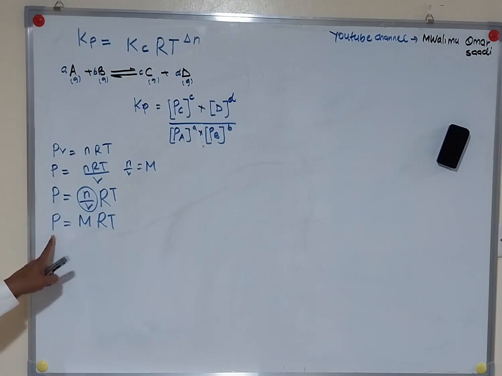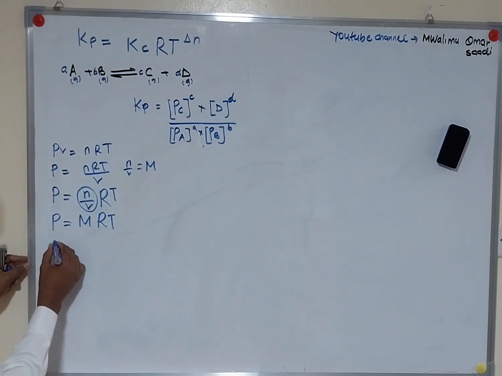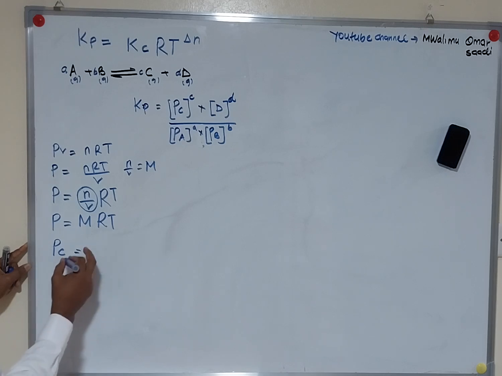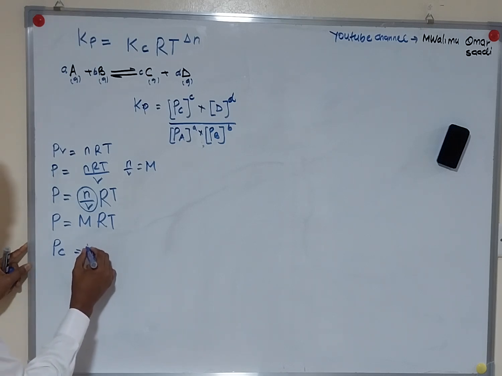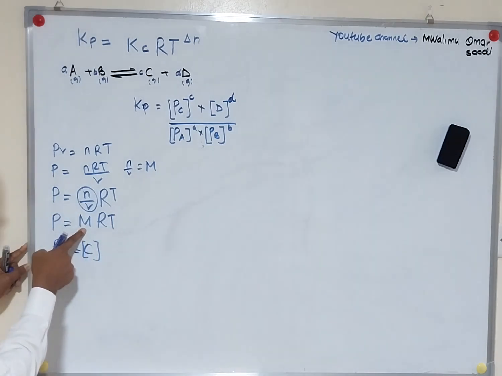Then, for instance, if we want the pressure of C, PC, that is the pressure of C, is equal to molarity, that is the concentration of C. Molarity simply means the concentration.